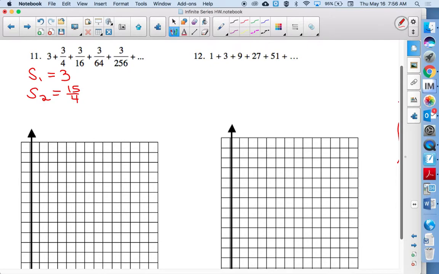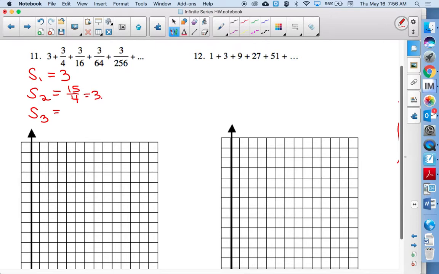So then, Emma, S3, what does that really mean you're doing? Adding 3.75 and 3/16. Right, so then you're taking the previous sum, the sum of the first 2 terms, and adding 3/16 to that. What did you get, Emma?